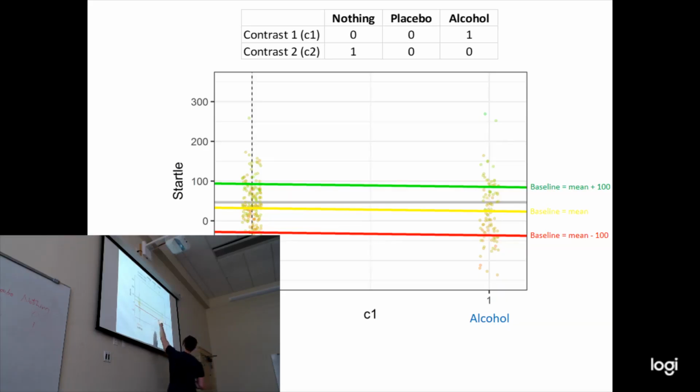So this is the prediction line for the difference between alcohol and placebo at a low level of baseline startle, at the mean of the baseline startle, and then at a high level of baseline startle. So here, it doesn't seem to be much of a difference between those two groups. Yeah, so there's not much of a difference between placebo and alcohol, correct? And you can see that because the slope of the line is essentially flat.